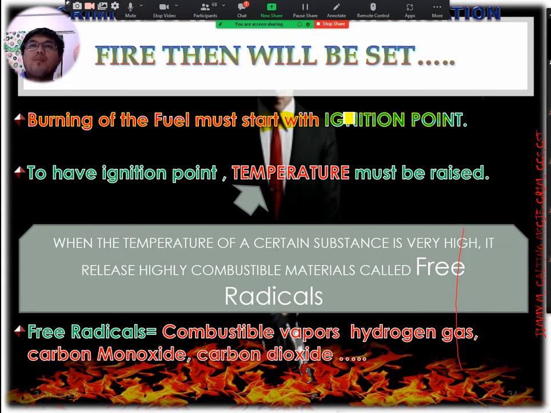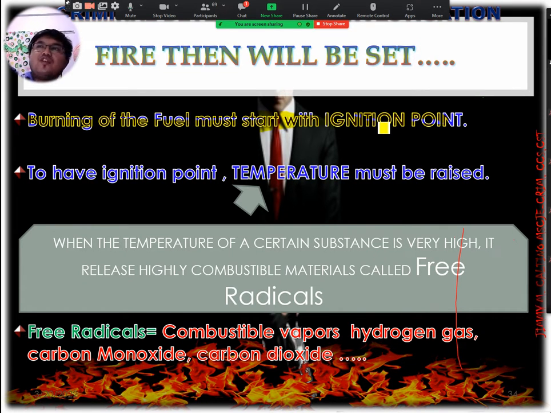Paabutin muna natin yung isang bagay sa kanyang ignition point. Okay? Ang tanong, how will I reach the ignition point? Andyan yung second sentence. Sabi niya, to have an ignition point, temperature must be raised.